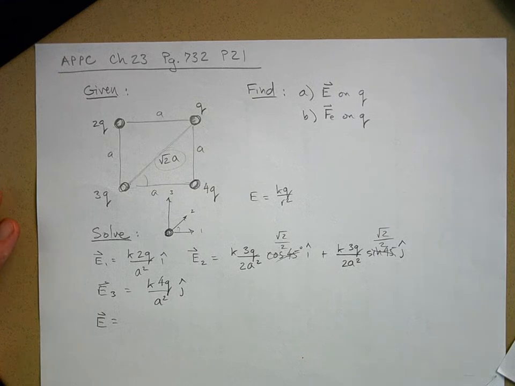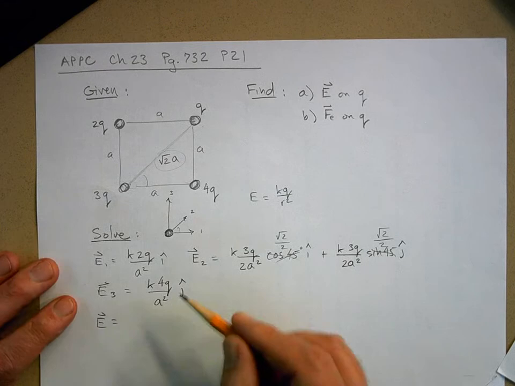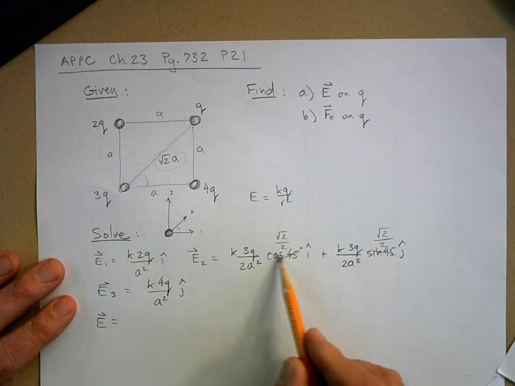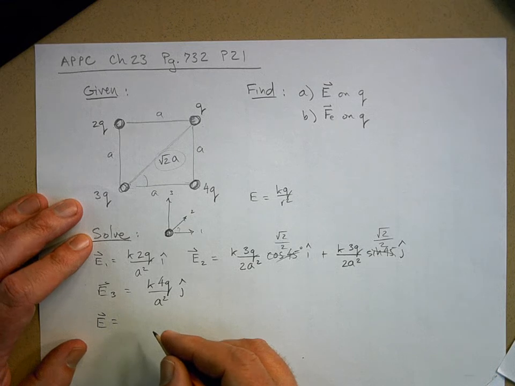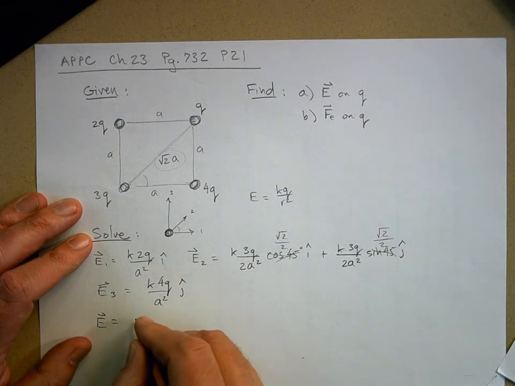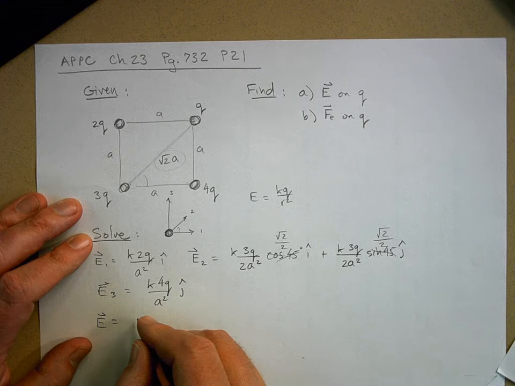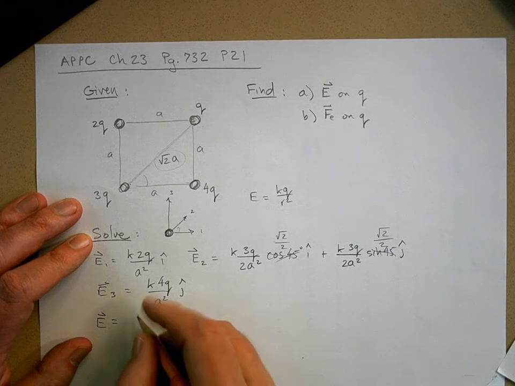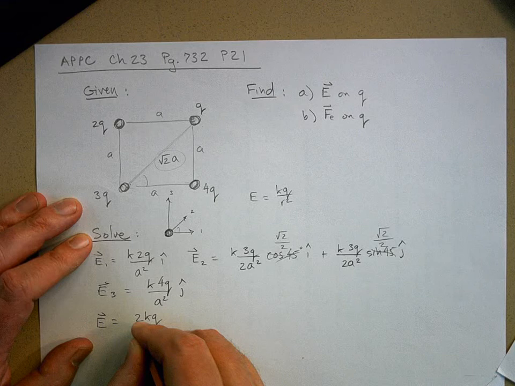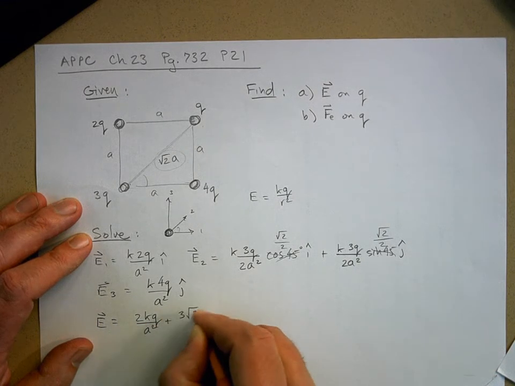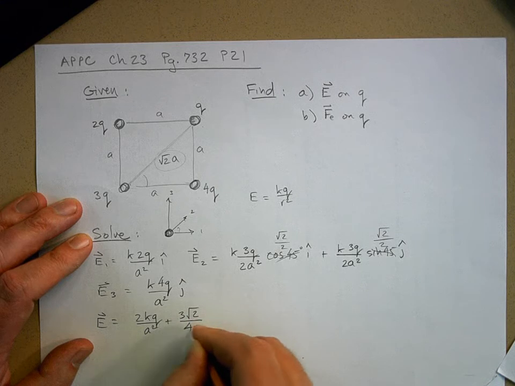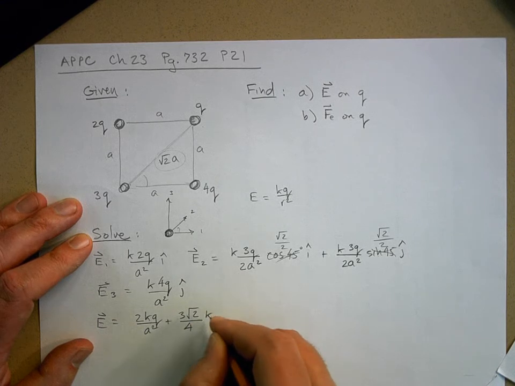Well, let's do the I hat first. There's this and this. So that's 2kq over a squared plus 3 root 2 over 4 times kq over a squared.